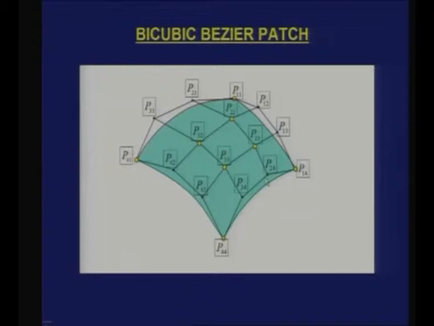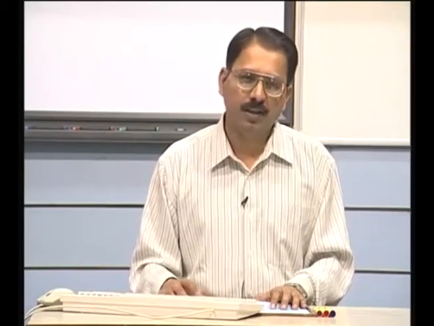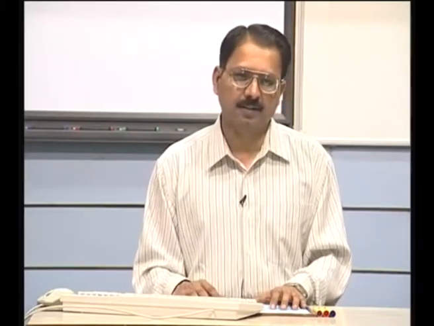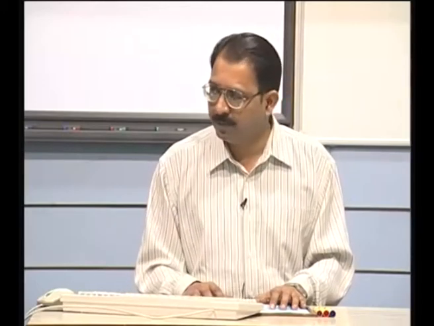I can extend the definition to a Bezier patch which is m by n. I may have m control points along the parametric direction u, and n in the case of the w direction. So, the equation changes accordingly.